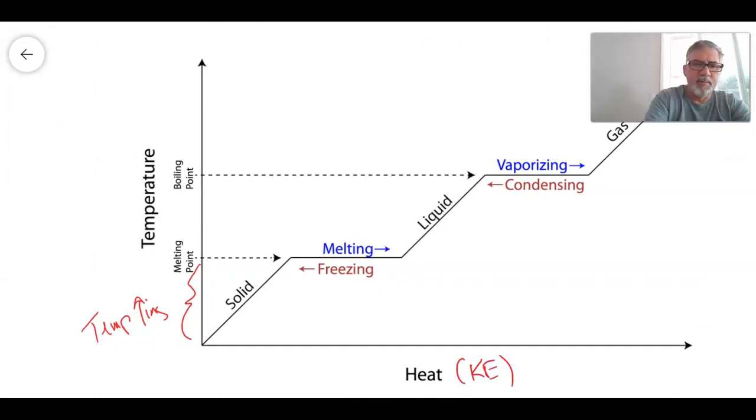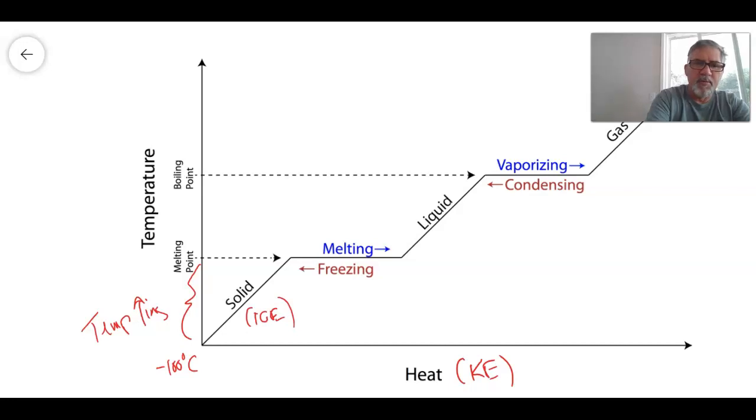If this is 0, we'll call this negative 100 degrees Celsius. If I take ice, we'll do this for water, at negative 100 degrees Celsius, and I start adding kinetic energy, this just increases temperature.